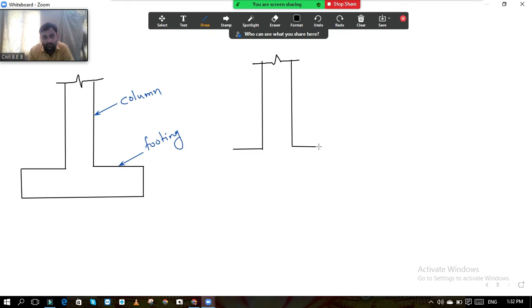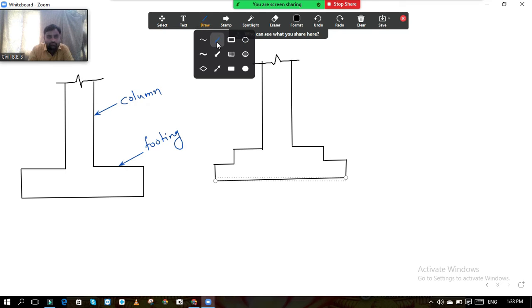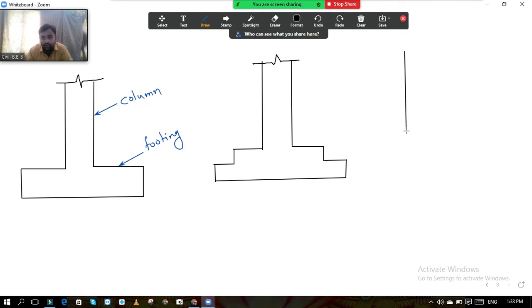You might have seen this type of footing. So this is your stepped isolated footing. Then one more type of footing is the strap footing, called the strap isolated footing.